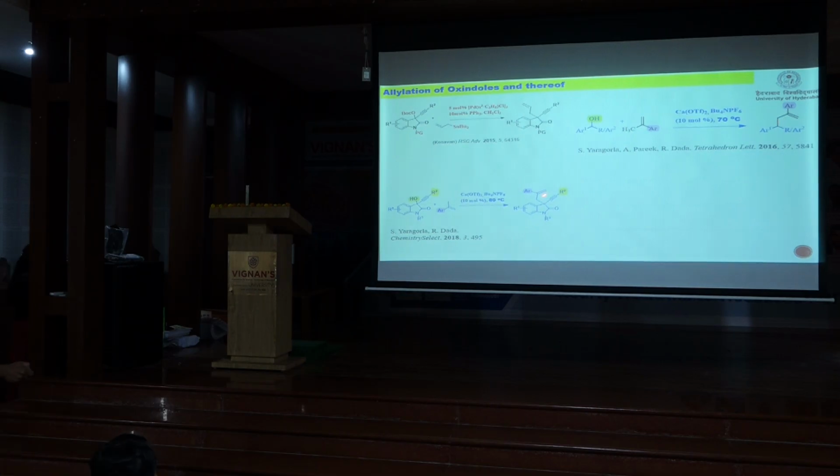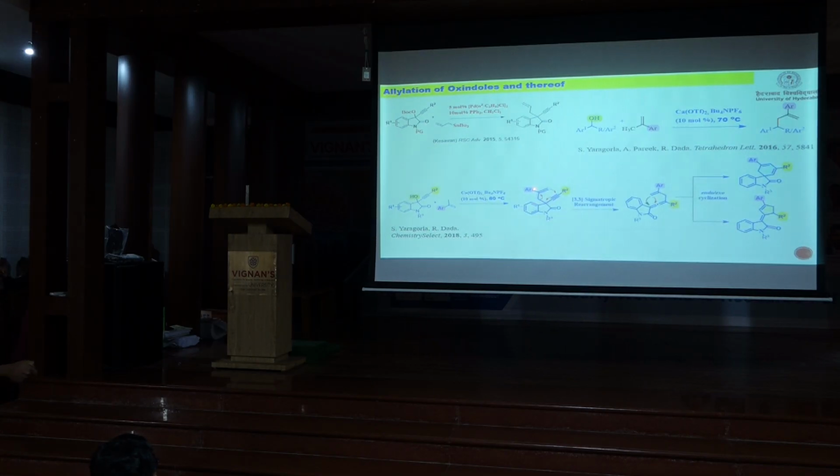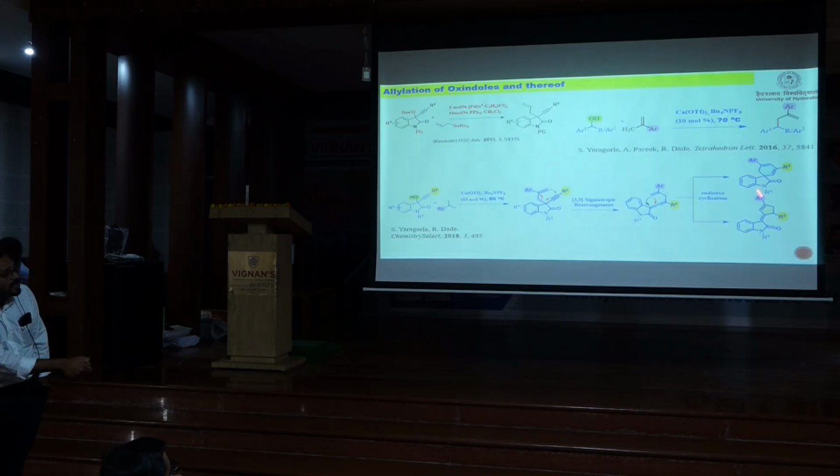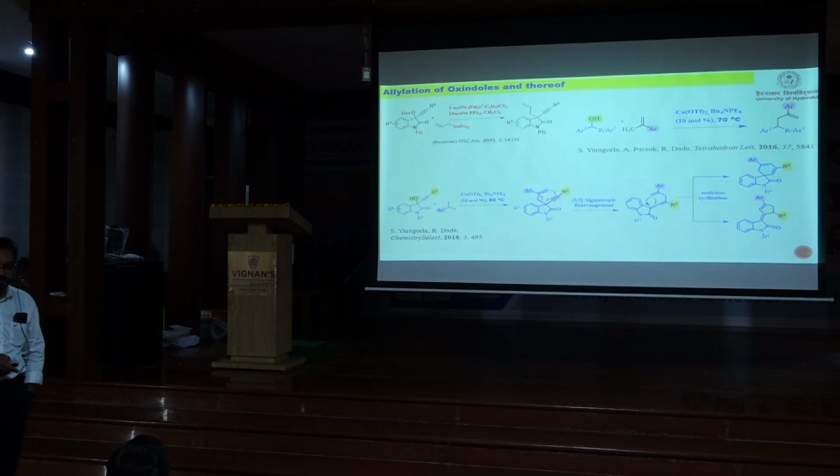When we looked at this molecule, it is not just allylation, but this is a perfect substrate that can undergo a Cope type rearrangement, 3,3 sigmatropic rearrangement to give an allene of this kind. And then if the cyclization is possible, then you can expect an exo or endo cyclization to get these kind of scaffolds.